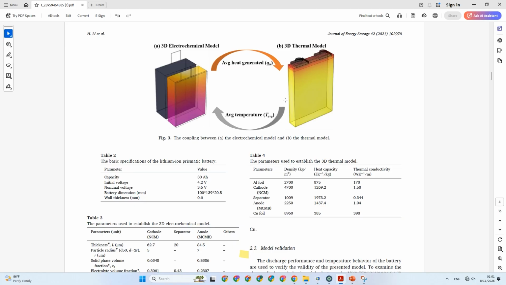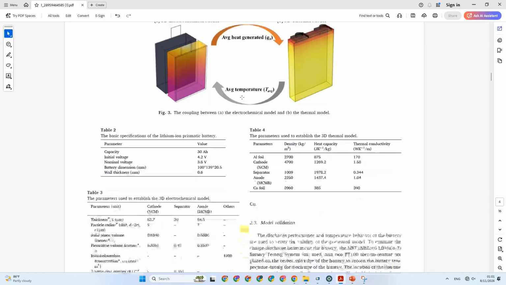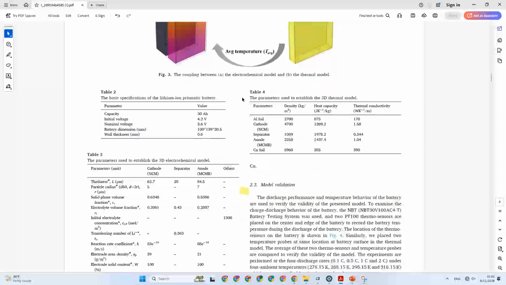Oh, it's so weird. The average temperature... Oh, I understand. The average calculated by the thermal model is then fed into the electrochemical model. The heat generated will be calculated by the electrochemical model and go back to thermal. This may be continued to have a stabilized result and see the final result.